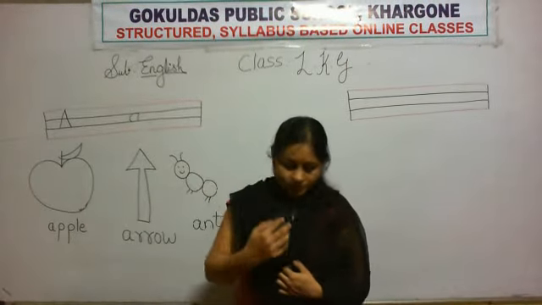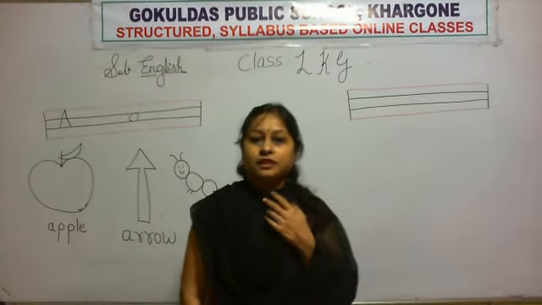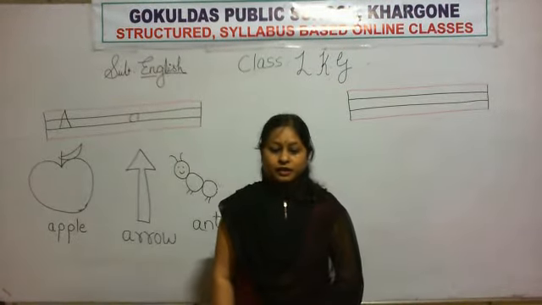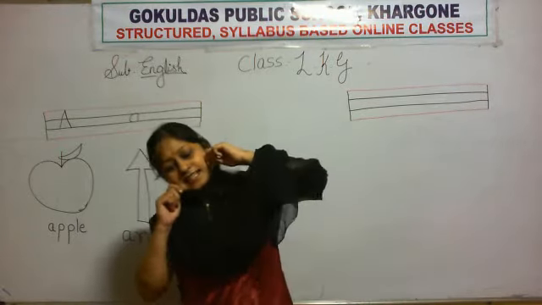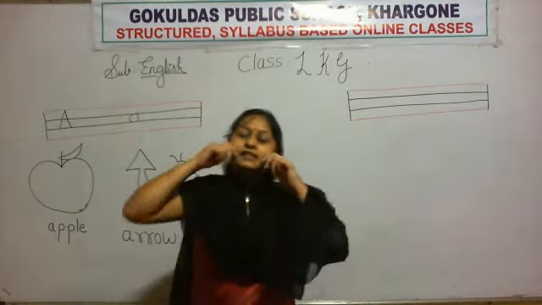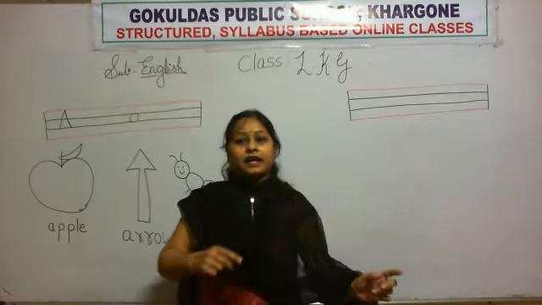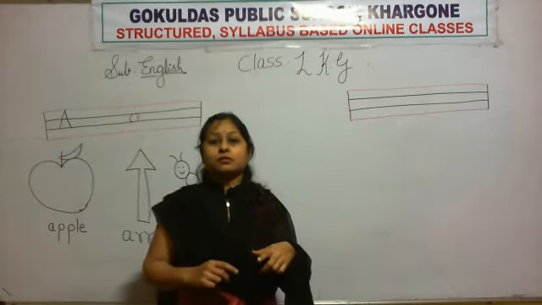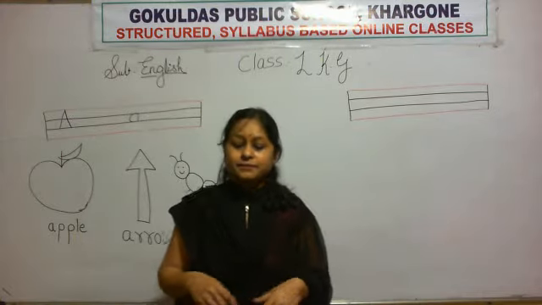Now I will say the rhyme. You have to repeat after me. Okay? Ready? Say. Chubby cheeks, dimple chin. Repeat after me. And you have to do actions also. With action you have to say the rhymes.